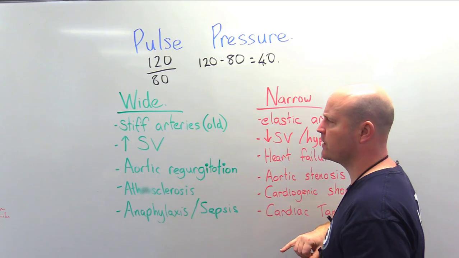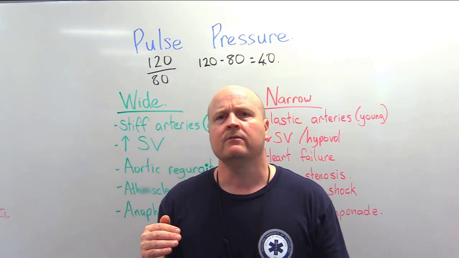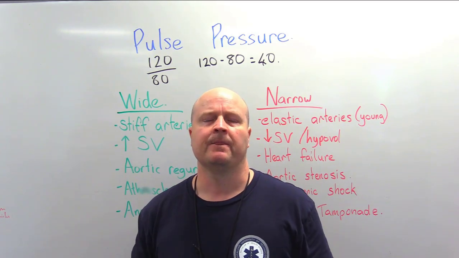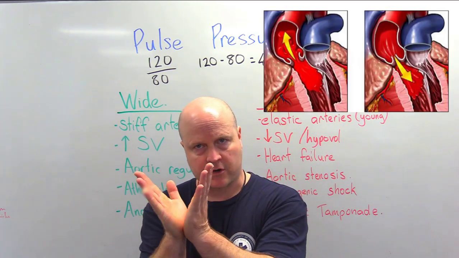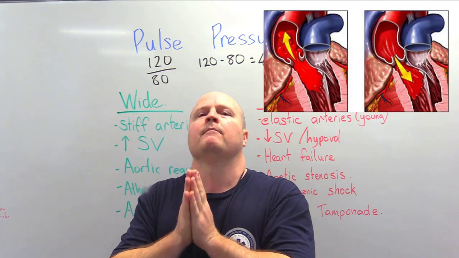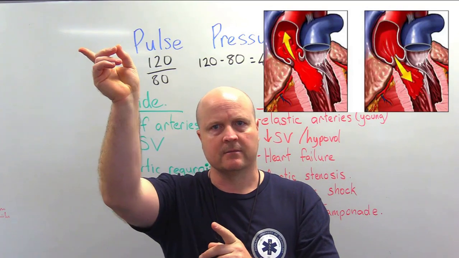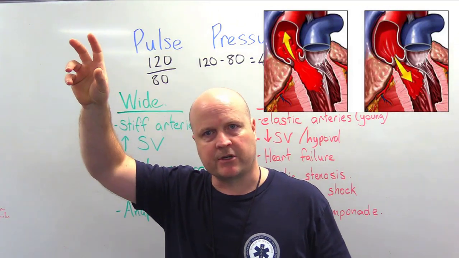We also have aortic regurgitation. Our aortic valve is the one between our left ventricle going to our aorta. So if we contract our left ventricle, blood shoots out of the aortic valve into the aorta, and that's our systolic blood pressure.